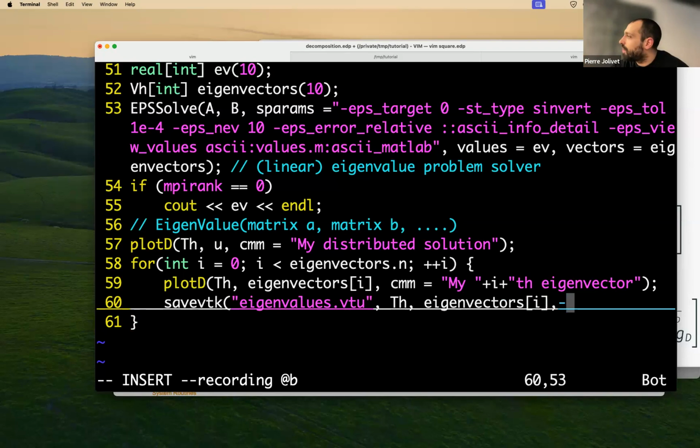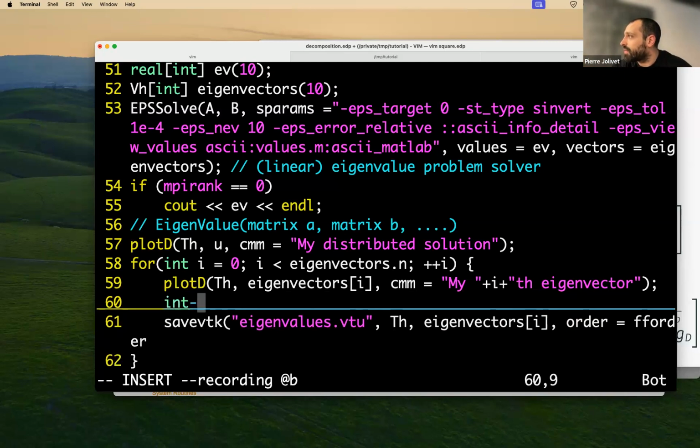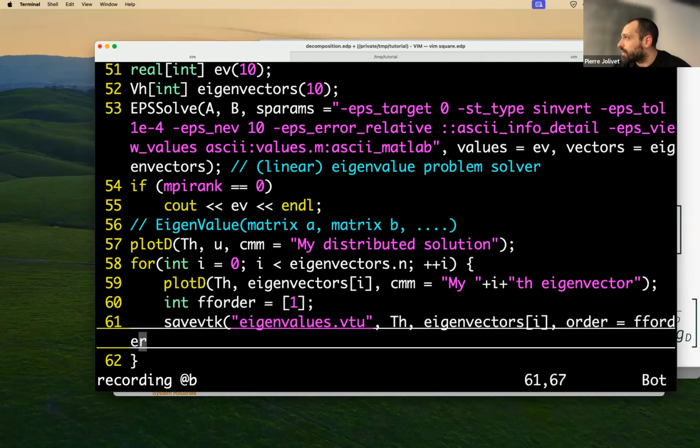And I think you also need to put order, which is something to tell whether the function is constant by element or piecewise linear. And by default, we output constants by element. So we need to say that this is order 1 and not order 0, FF order.